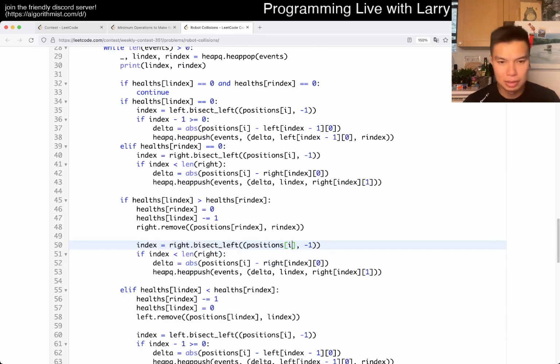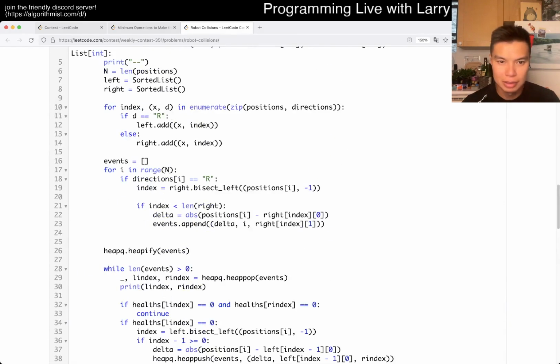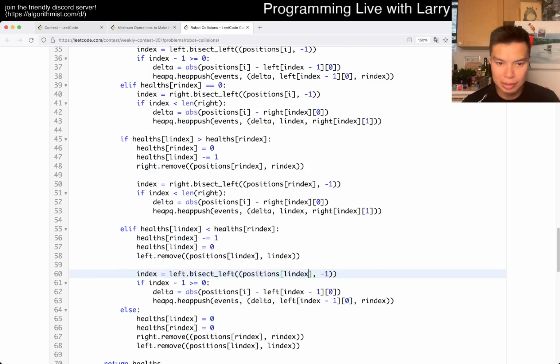That's why. Wow, that is a pretty bad typo though, actually. And I still didn't catch it until now, and this one here too.